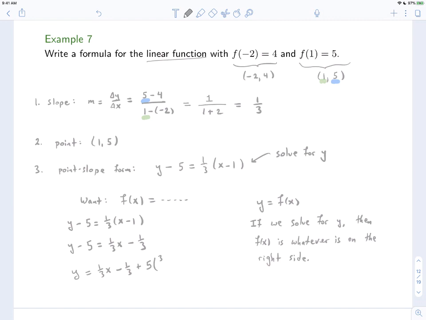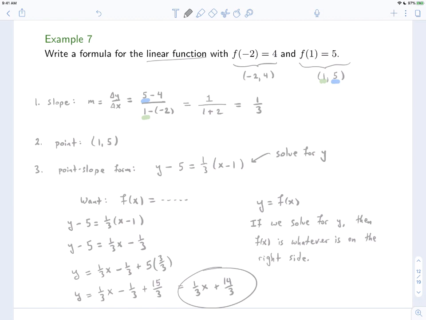So we multiply this one by 3 over 3. So that tells us that y is equal to 1/3 x minus 1/3 plus 15 over 3. Don't want to forget your x, so it's 1/3 x minus 1 plus 15 is plus 14 over 3.